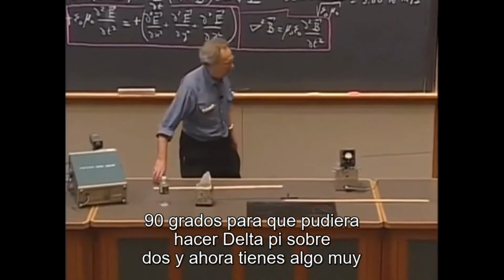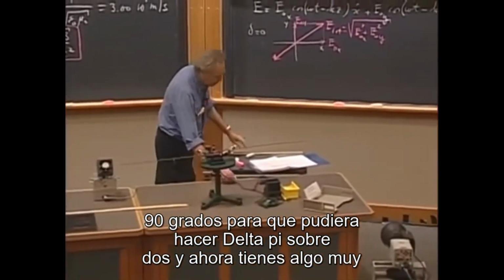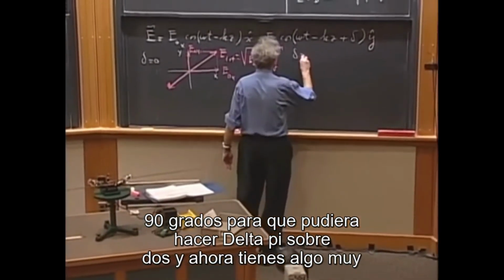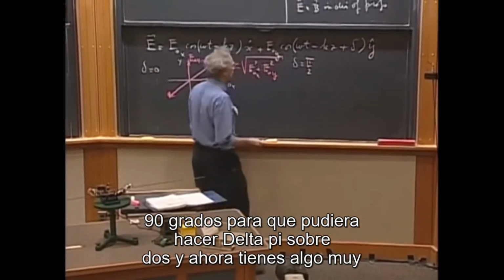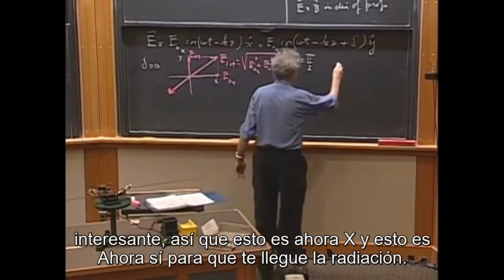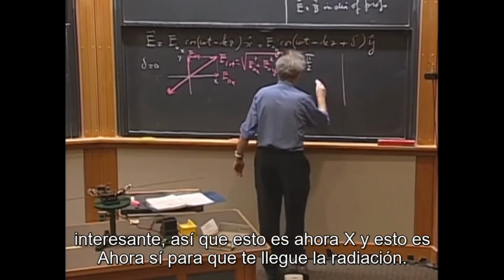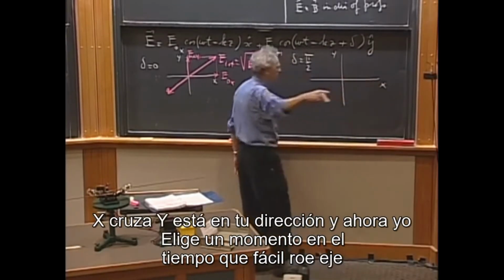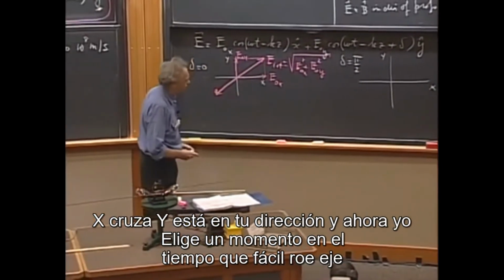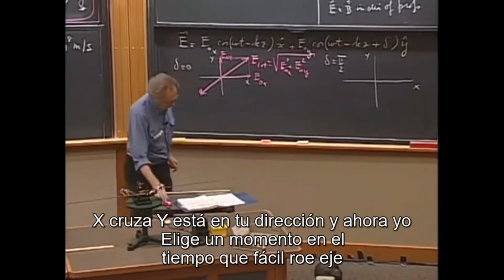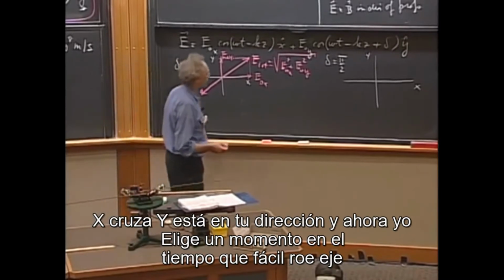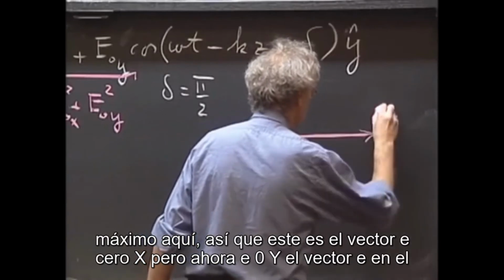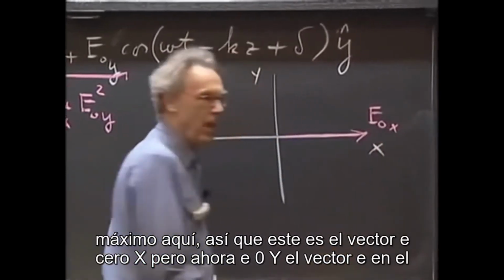I can also make the phase angle between the two 90 degrees. So I could make delta pi over 2. And now you get something very interesting. So this is now x, and this is now y, so that the radiation comes to you. X cross y is in your direction. And now I pick a moment in time that E0x is a maximum here.